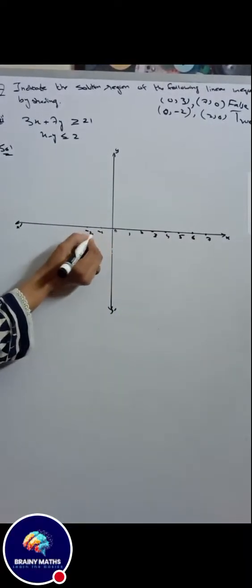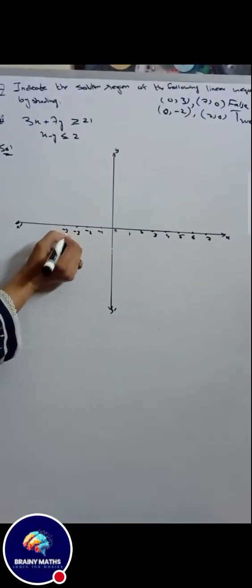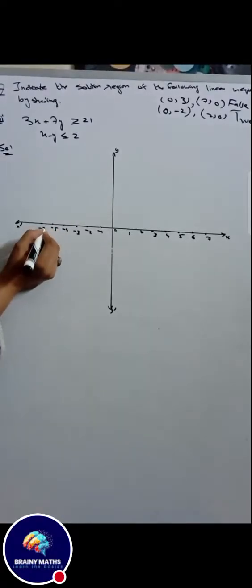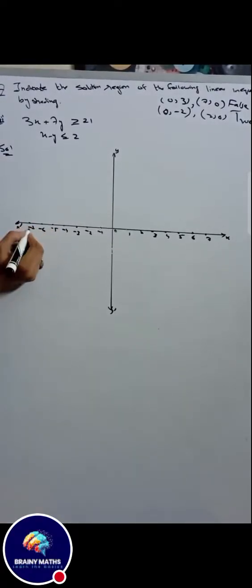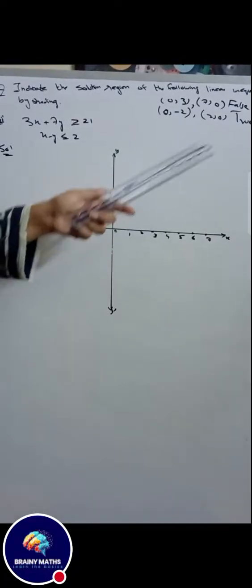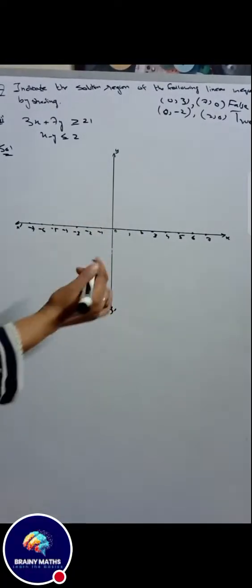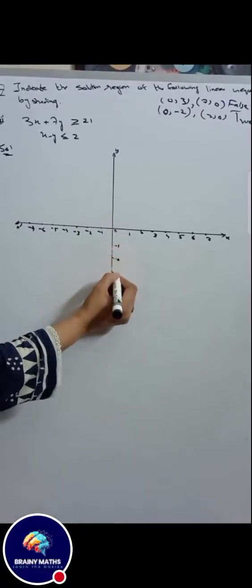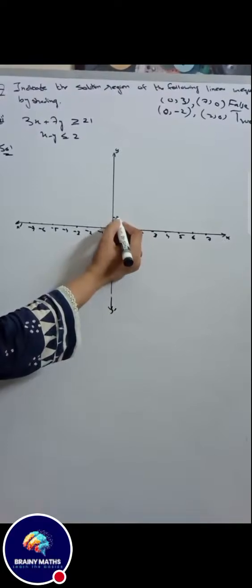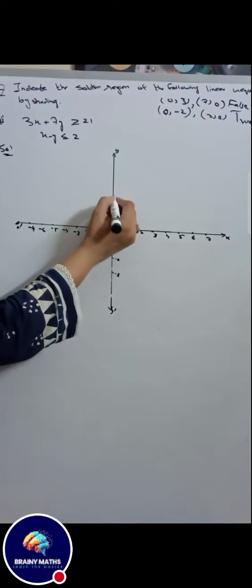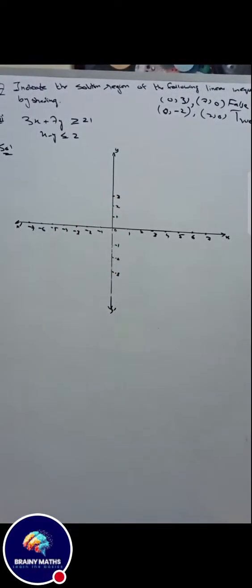Similarly, -1, -2, -3, -4, -5, -6, -7. And the y values are 3, -2, 0. So I take the rest up to -1, -2, -3, and similarly positive 1, 2, 3. Alright? Now start.